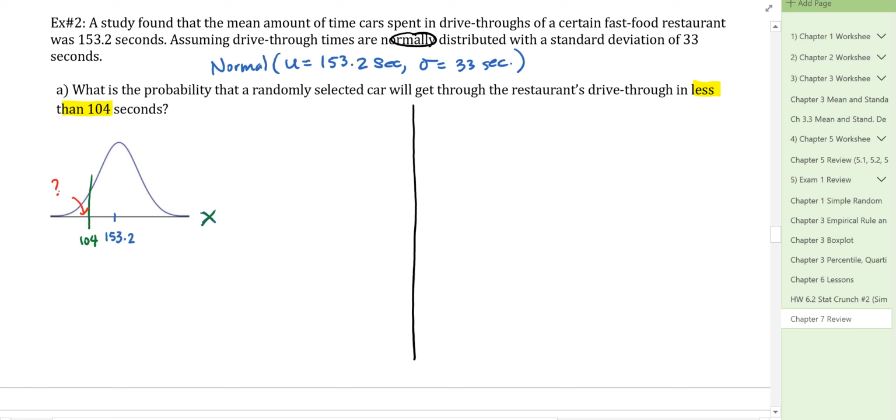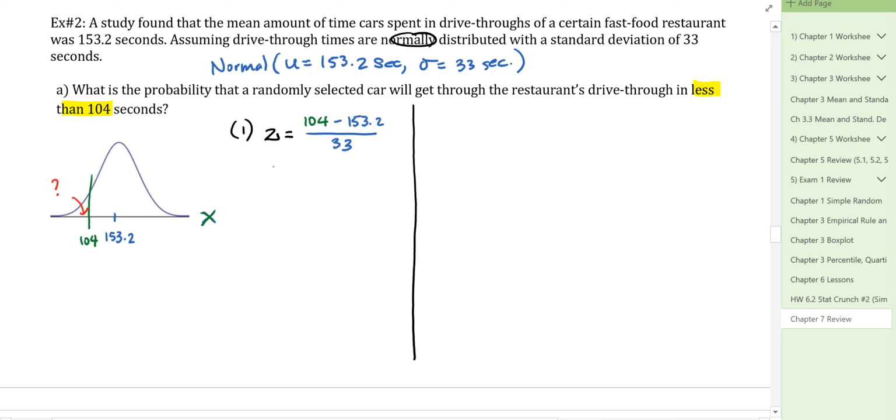Method 1 is to convert to z. Step 1: z is equal to x minus mu over the standard deviation. X here is 104, my mean is 153.2 and the standard deviation is 33.